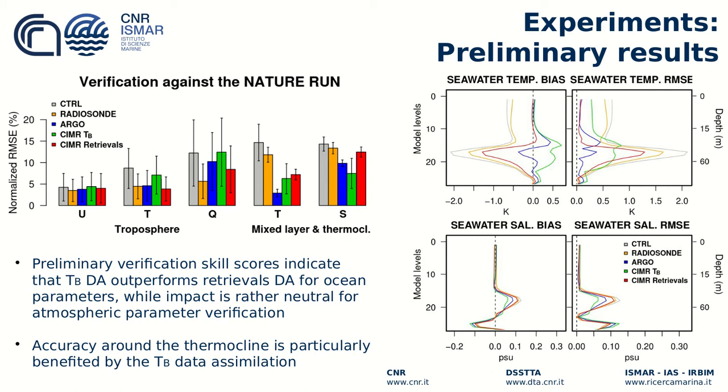In particular, looking at the profiles of root mean square error on the right side, brightness temperature data assimilation particularly benefits the skill score around the thermocline for both temperature and salinity.